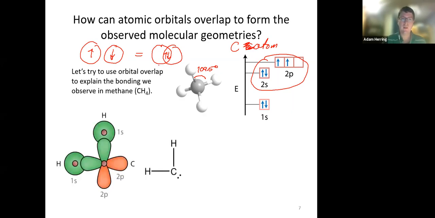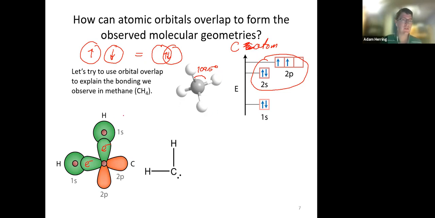So if we look at methane and its valence electrons and the ones that are unpaired, we would actually predict forming a molecule that looks kind of like this, where we're using the electrons in the 2 different p orbitals to interact with the 1s orbital on the hydrogen atom.